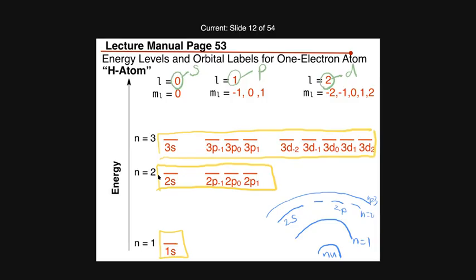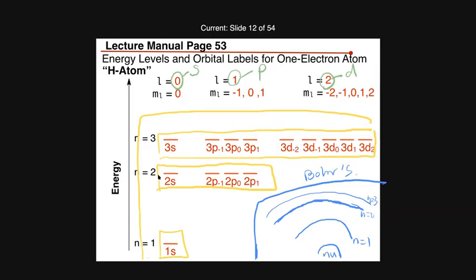The one that you see in blue right here, I'm going to erase this subshell, is n equal to 1, n equal to 2, and n equal to 3. These are Bohr's model, which matches with the quantum model highlighted in yellow.